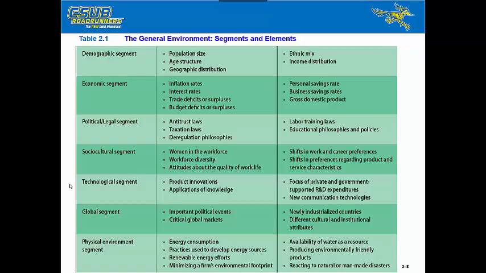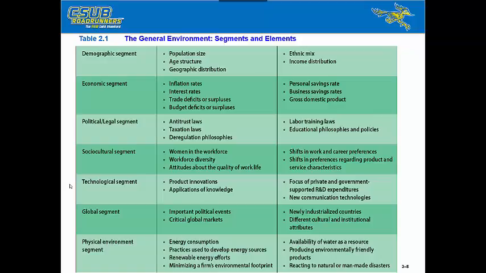demographic factors are things like population size or income distribution. Economic factors are things like inflation rates or budget deficits and surpluses. Political factors are things like antitrust laws or education policies in certain societies. Sociocultural issues are things like attitudes about quality of work life, workforce diversity.